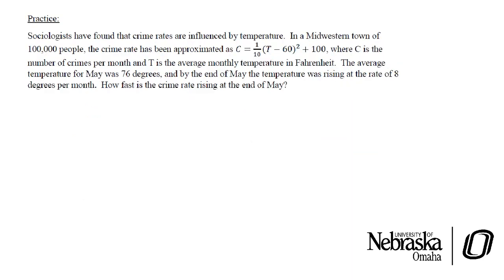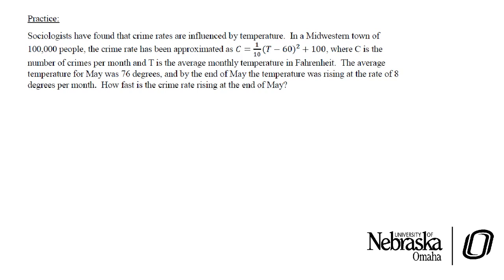Okay, our next example. It says sociologists have found that crime rates are influenced by temperature. In a Midwestern town of 100,000 people, the crime rate has been approximated as C equals 1/10 times (T minus 60) squared plus 100, where C is the number of crimes per month and T is the average monthly temperature in Fahrenheit.